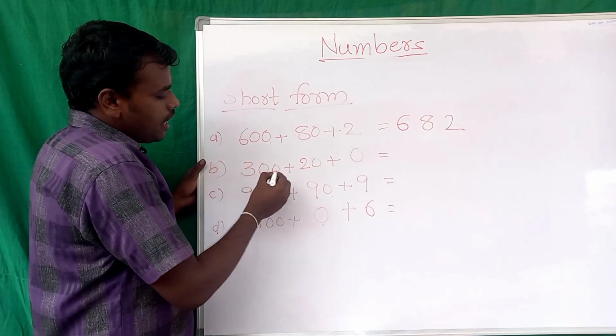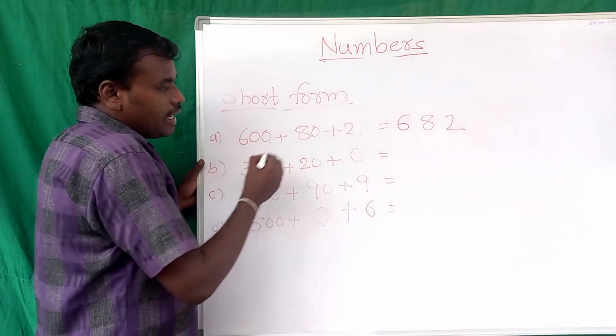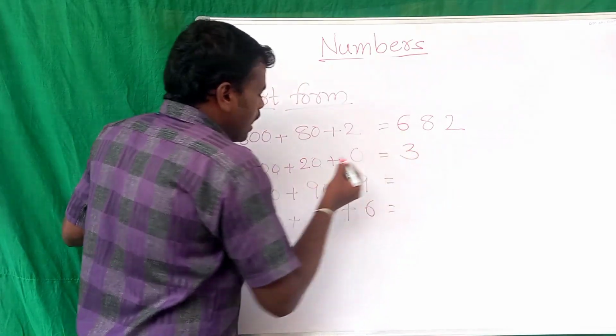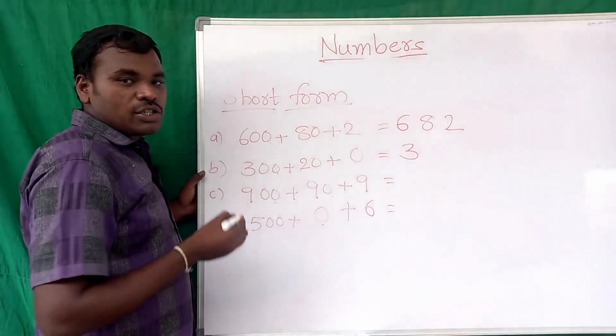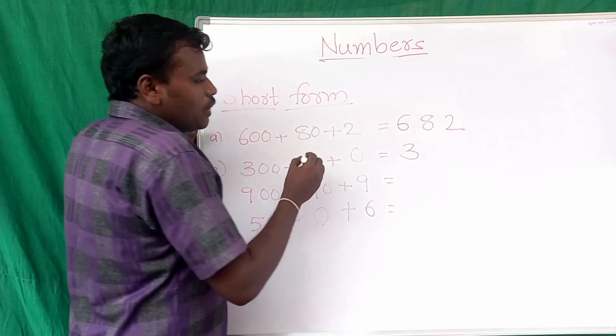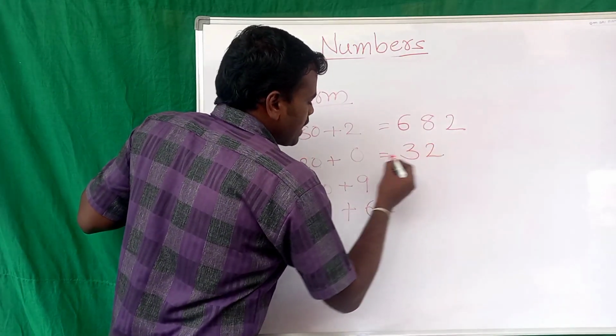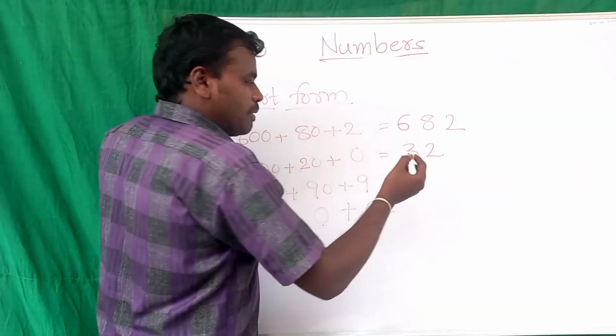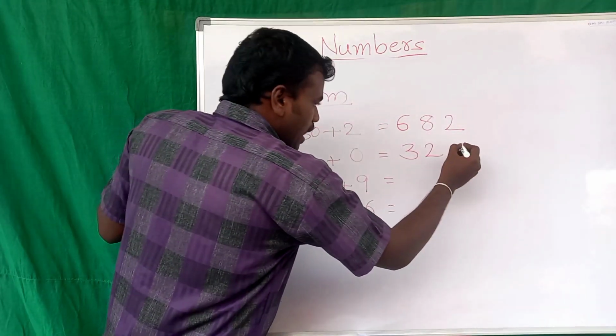Next, 300: write 3 in the hundreds room. 20 means 2 tens, so write 2 in the tens room, and 0 ones means nothing is there, so write 0 in the ones place.